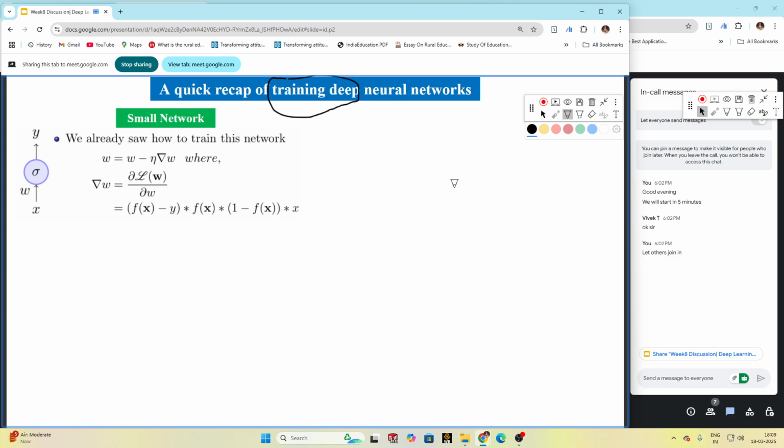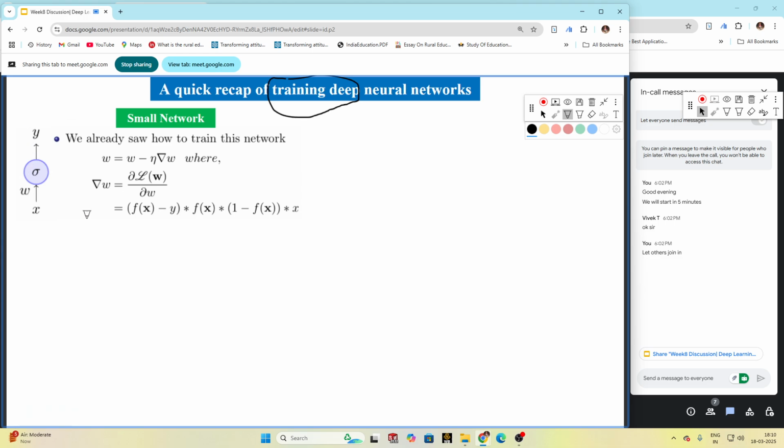The parameters are nothing but weights and biases. We have to update the parameters in such a way that we minimize our loss function. That is the concept.